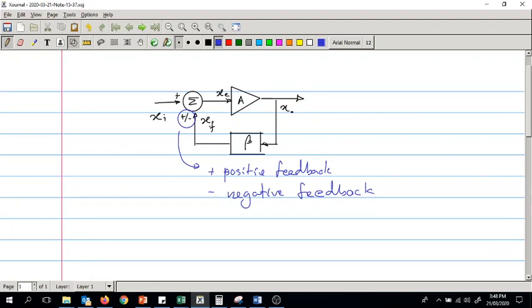Now let's check for the feedback gain. Feedback gain is x out over xi.